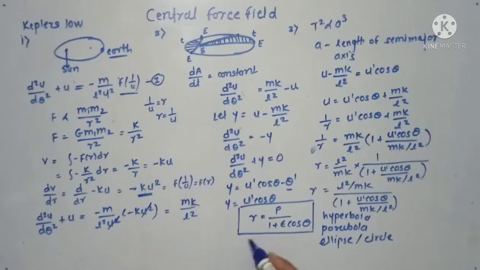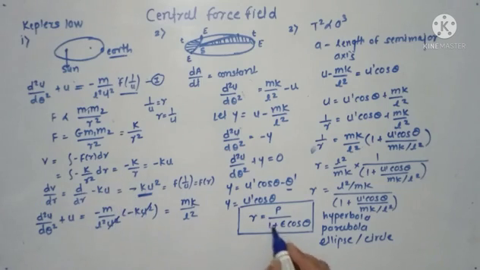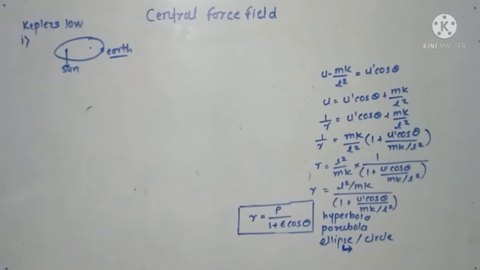Now, speaking particularly about Kepler's law regarding the planets, if we can prove this to be an ellipse, that will be the proof of Kepler's first law.